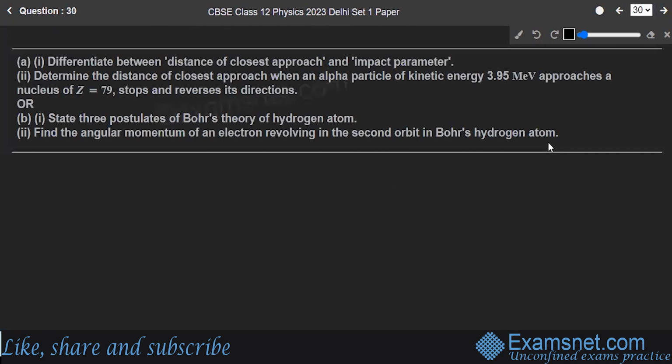Number 30, differentiate between the distance of closest approach and the impact parameter. So again, a choice question. First question, two parts. Second question, two parts. Let's go with the first one. The distance of closest approach describes the smallest distance that the two particles or objects must maintain when interacting, such as when they collide.